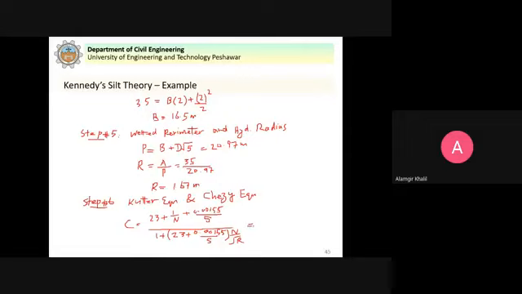If you plug in the values, the value of C comes out to be 48.974. It is a constant, with no units.